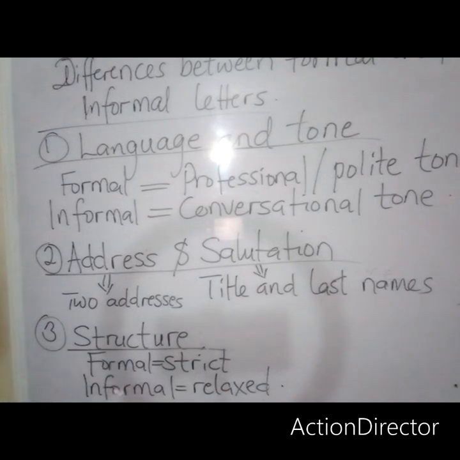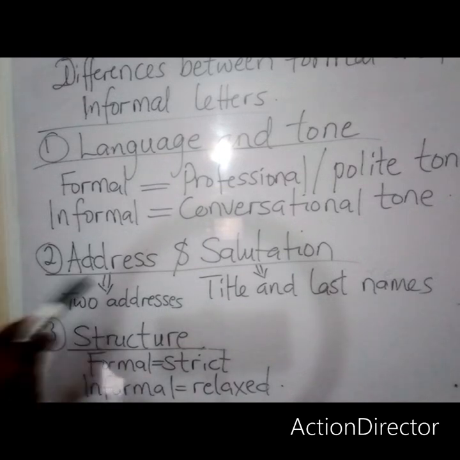It's not a friend, it's not family. So you have to be professional in your language and polite as well. But in an informal letter, because it's either a friend or family or somebody you're familiar with, you use a conversational or friendly tone. You don't go professional when you are writing informal letters. So language and tone is one difference between formal and informal letters.